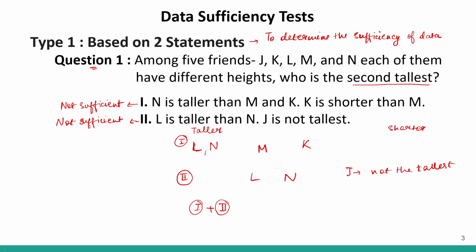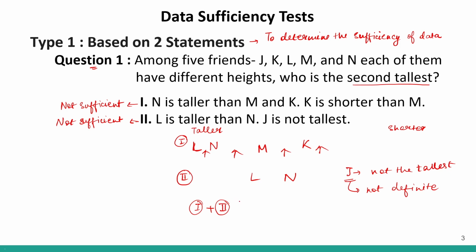So J can be here, here, or here. J can be anywhere; J's position is still not definite. If J's position is not definite, can I find the second tallest person? No. So even after combining statements 1 and 2, I cannot find the second tallest person.